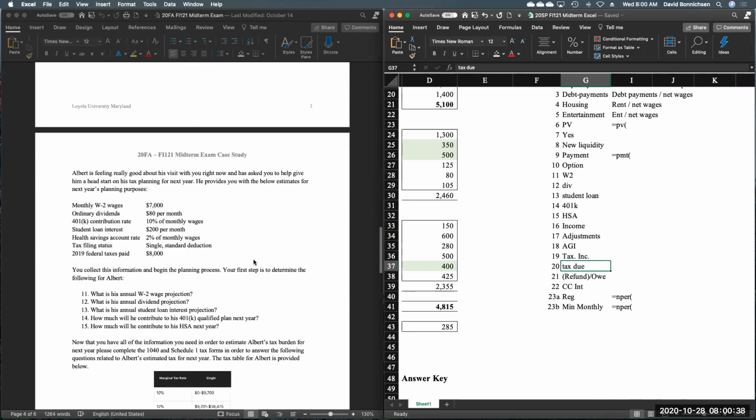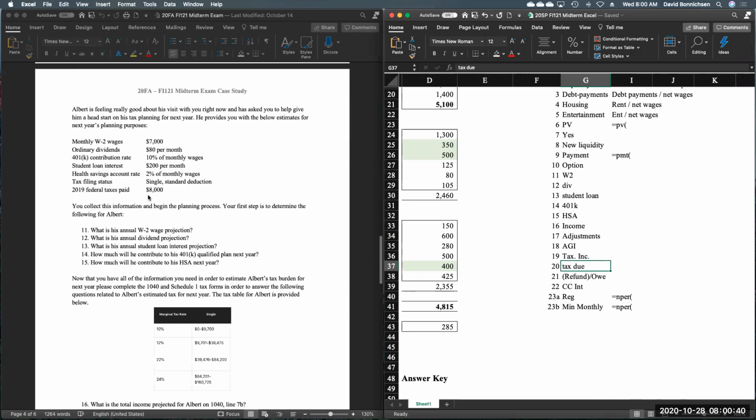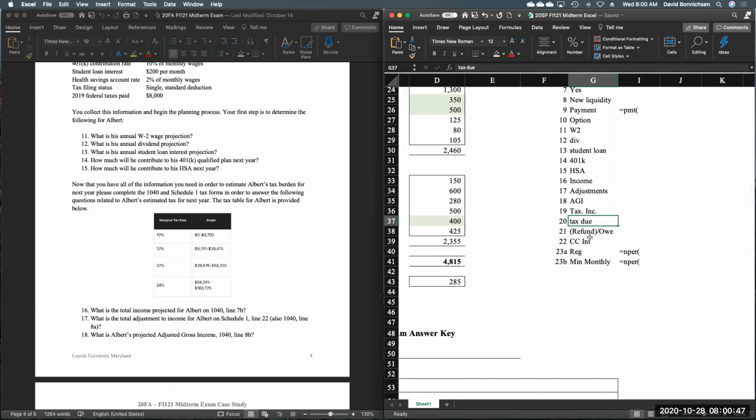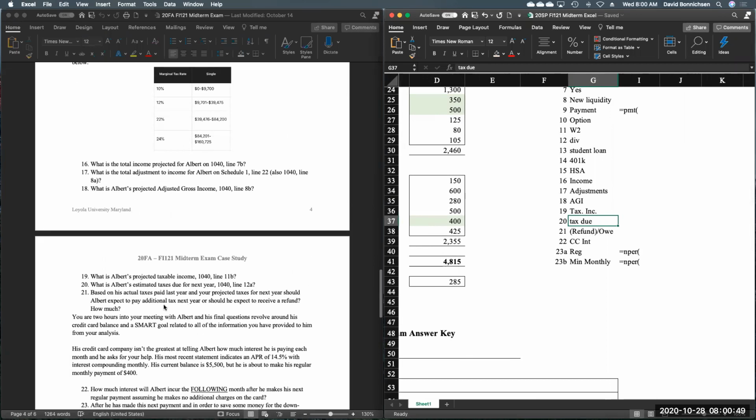Okay. And then we're told that he paid $8,000 in taxes, and we're basically asking, in question 21, should he expect to get a refund, or should he expect to owe the government money based upon your projected tax calculation for question 20?